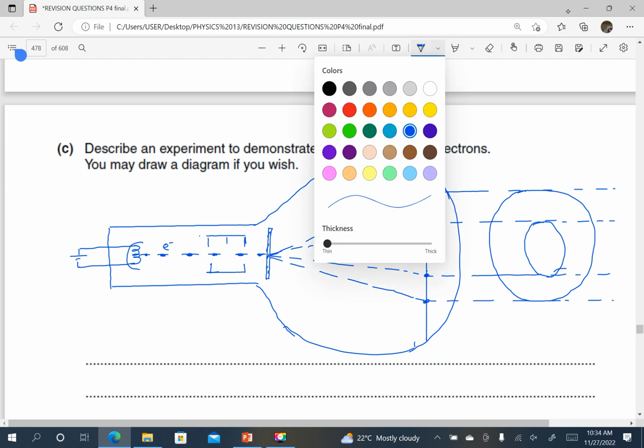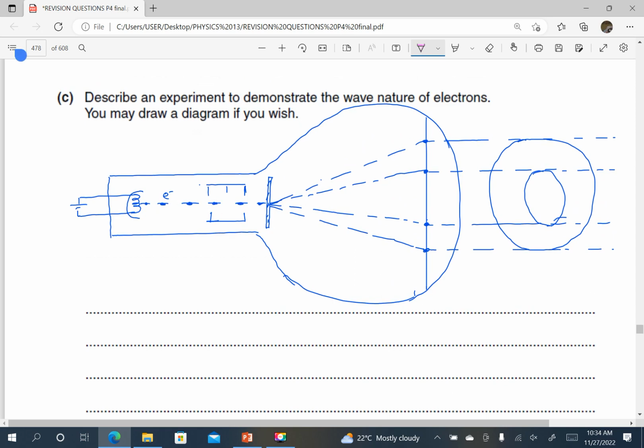So I'll just name my diagram. Just for simplicity, I'll use a different color. So these ones are the diffraction patterns, which are concentric circles. So here we have a fluorescent screen.